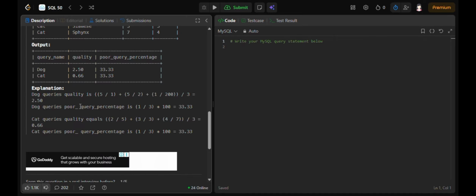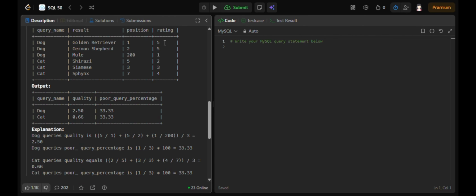To calculate the poor query percentage, it is very simple. We look into the ratings of the dogs. We have 3 dogs with the ratings of 5, 5 and 1.